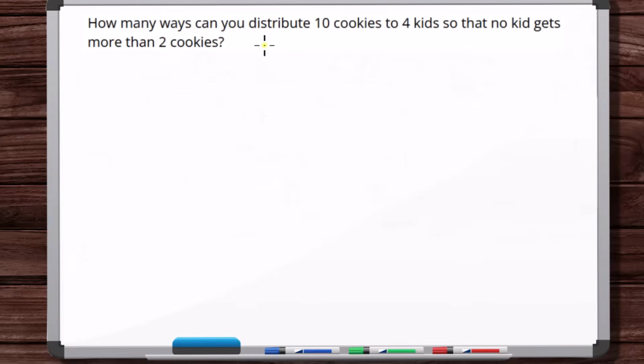How many ways can you distribute 10 cookies to 4 kids so that no kid gets more than 2 cookies? Okay, so similar to one of the problems we worked earlier, but now it's no kid gets more than 2 cookies, but then we have 4 kids instead of 3 kids. Okay, so let's think about the total number of outcomes in the entire system.